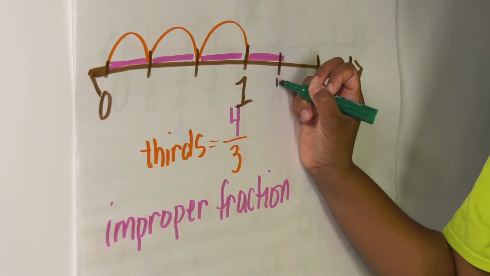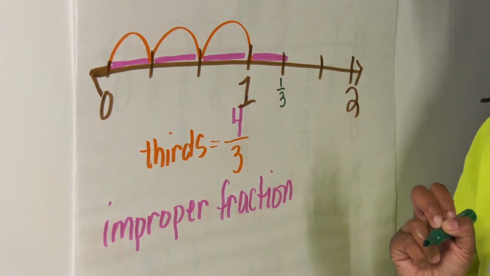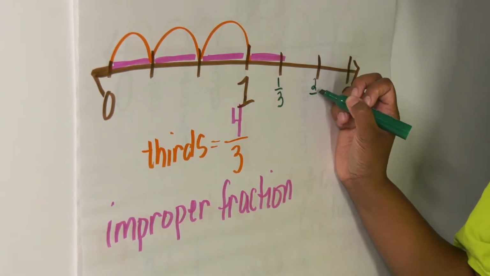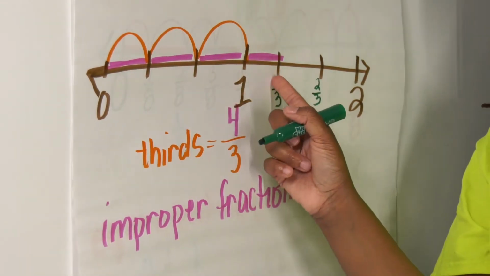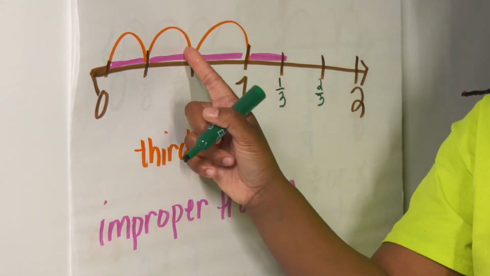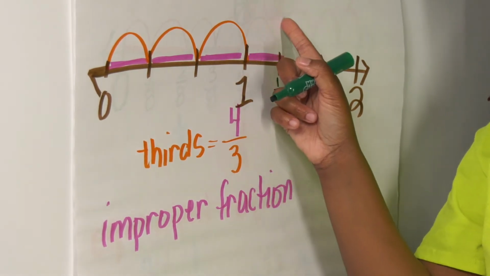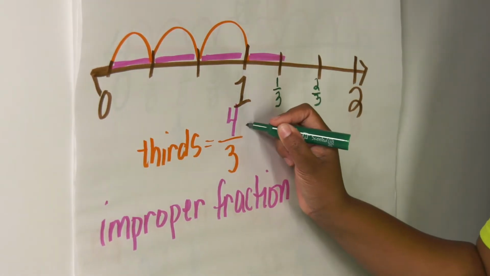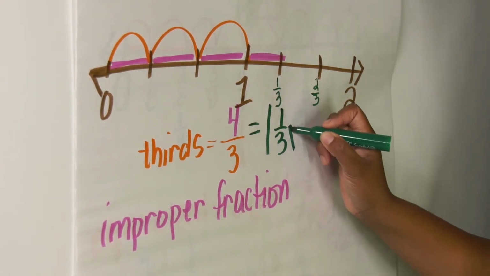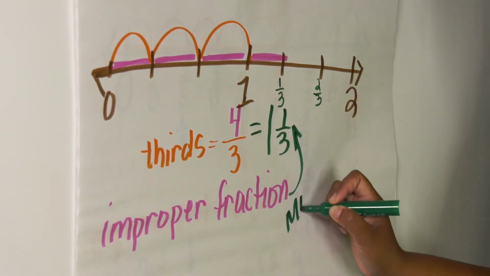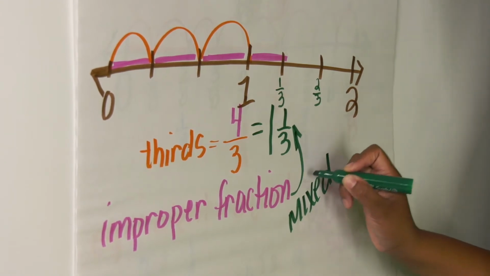So what is being represented here? 1/3. What is represented here? 2/3. So our shaded part of our number line is 1 and 1/3. And that would be written like this: 1 and 1/3. And this is called a mixed number.